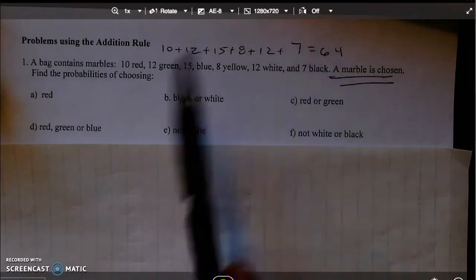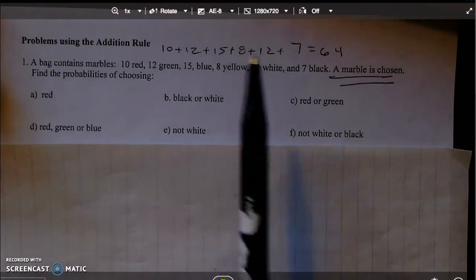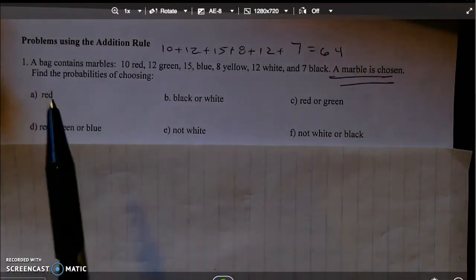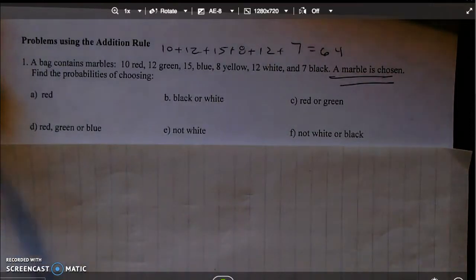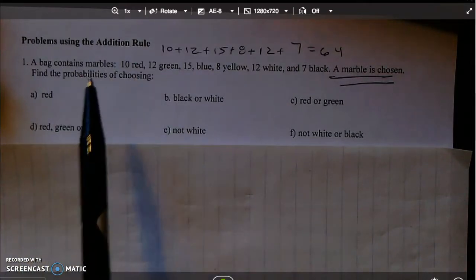And I'm assuming it's a well mixed bag, and that there's nothing weird about the marbles. So they're fair, they're all the same size and shape, so I don't privilege picking one type of marble over the other.